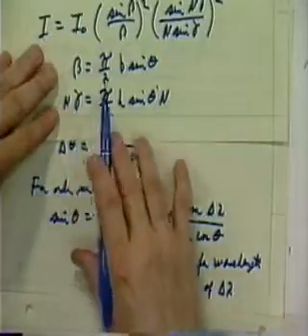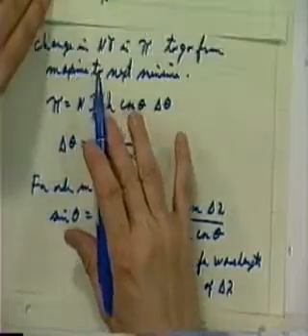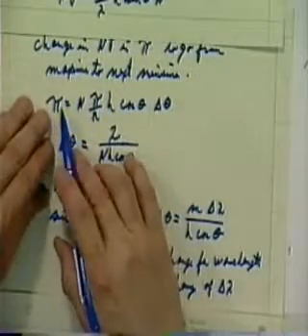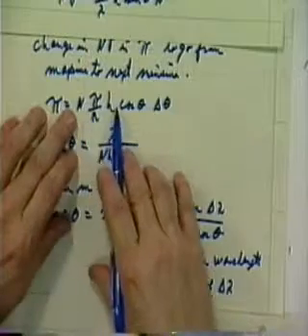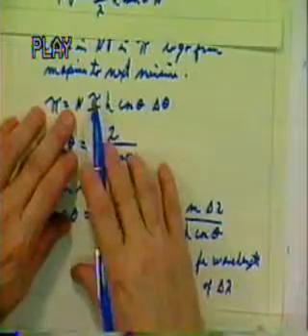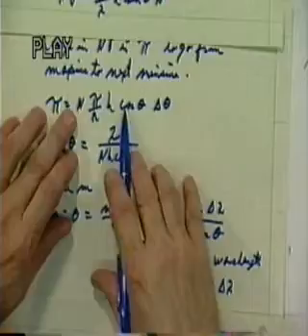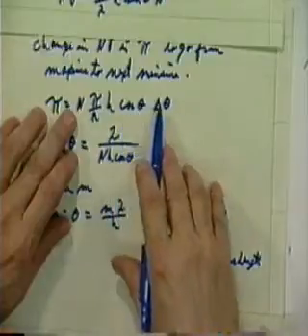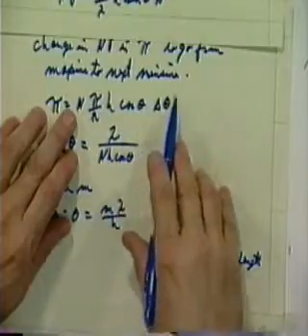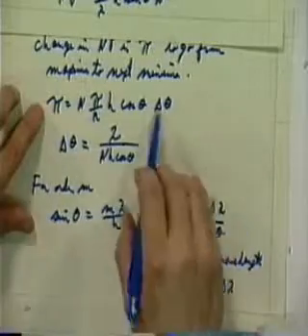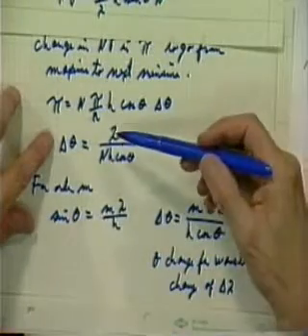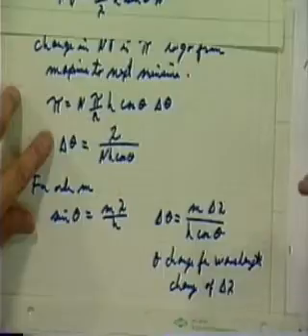So I take the derivative here, and n gamma is going to change by pi. I take the derivative of this with respect to theta, so I get n pi over lambda h, and I get cosine theta d theta from the derivative of sine theta. And so this is equal to pi, and so delta theta is lambda over n h cosine theta.